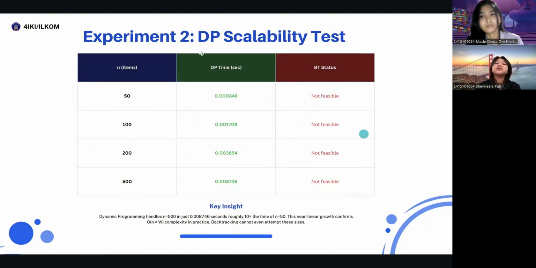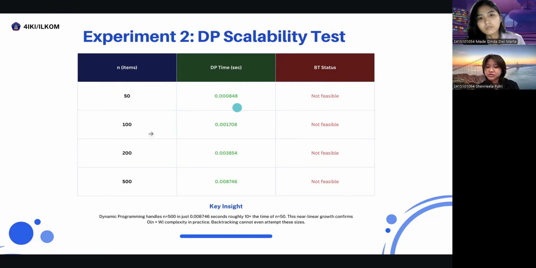So this is the experiment two tool that we're doing. DP stands for dynamic programming scalability test. Running dynamic programming alone on larger input sizes, at n equals 50, DP finishes in under 1 millisecond.